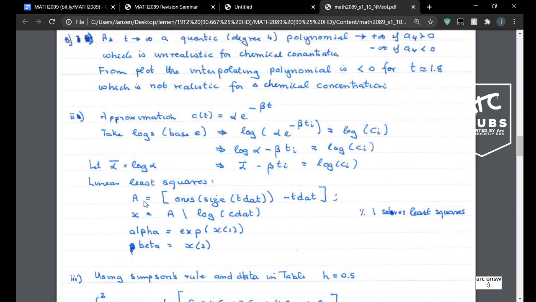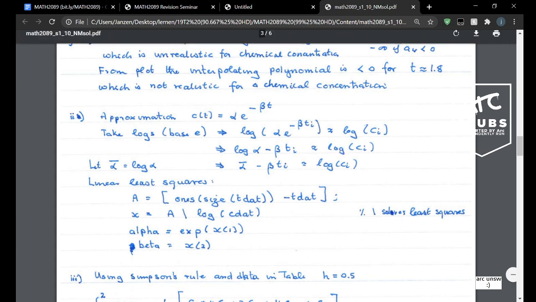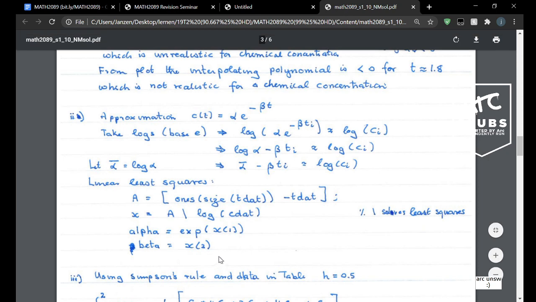You place the column vectors into a 2x5 matrix and solve for the value of x, and from x you can determine the values of alpha and beta. In MATLAB you don't have to find the accurate values. Again, because we substituted log alpha with alpha bar, we have to use the exponent function to calculate the actual value of alpha.